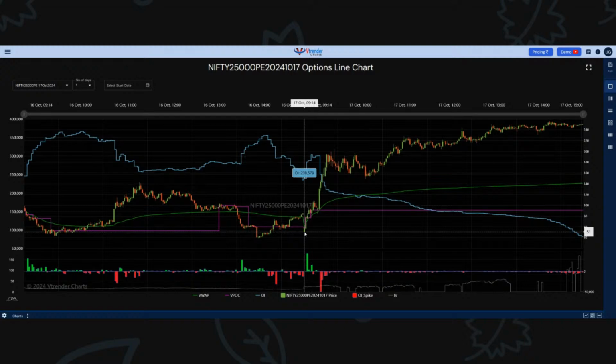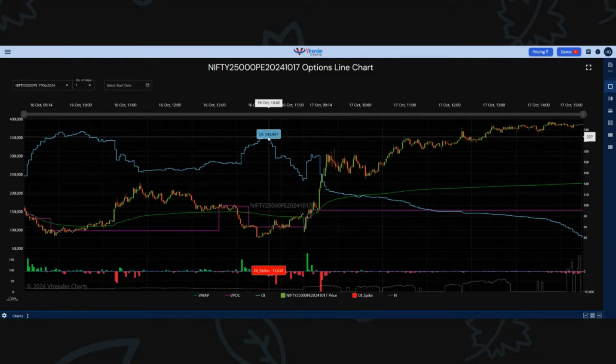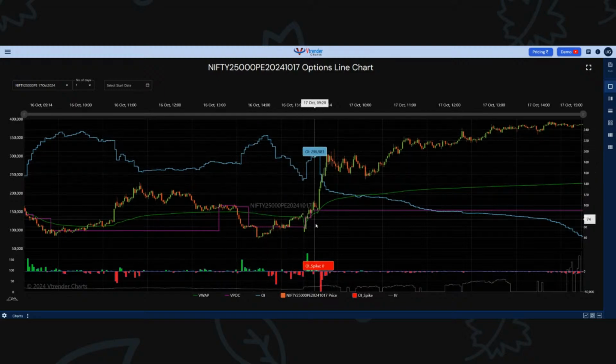So we take forward and we see how that option is doing at the open relative to yesterday's POC and the VWAP. We can see the open interest was rising yesterday. There was a dip into the close, and then the POC and VWAP, 78 was the reference and 60 was the POC.